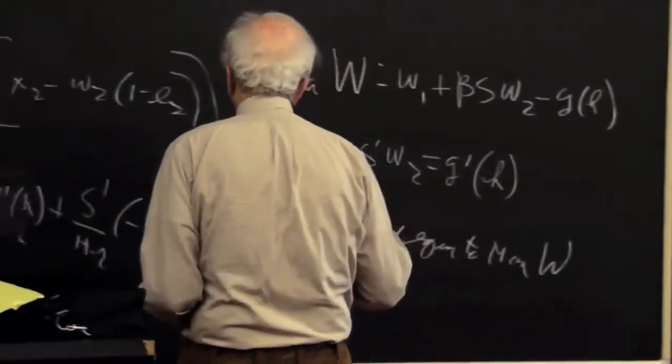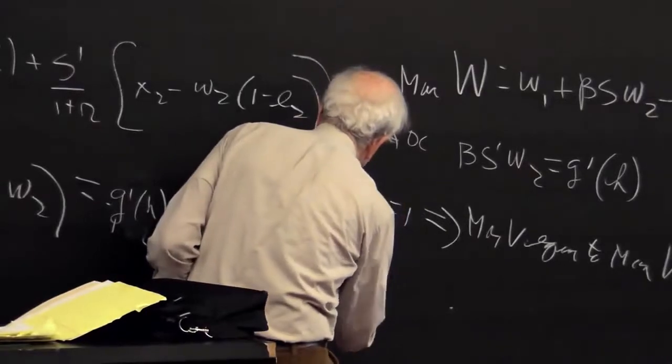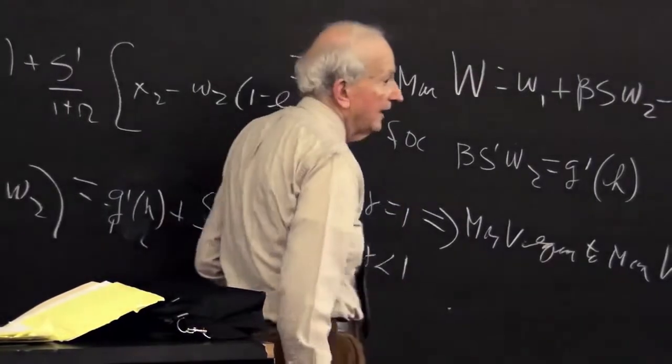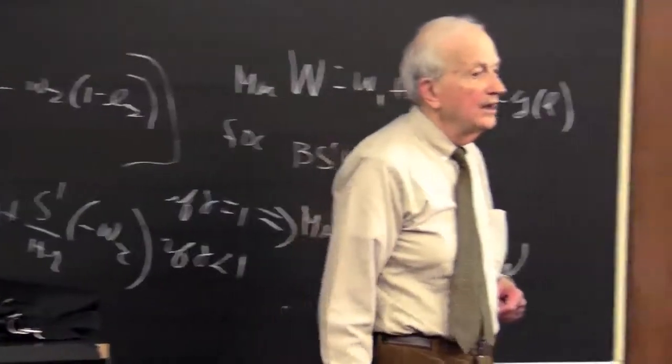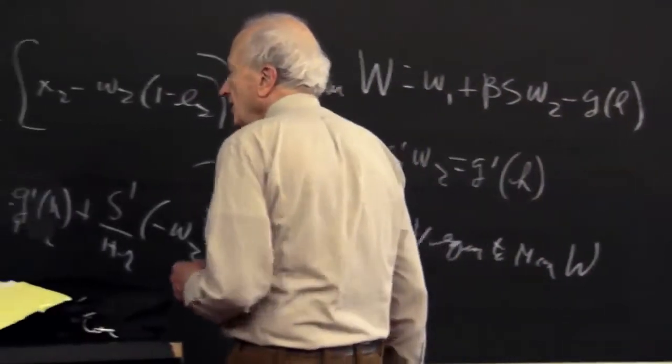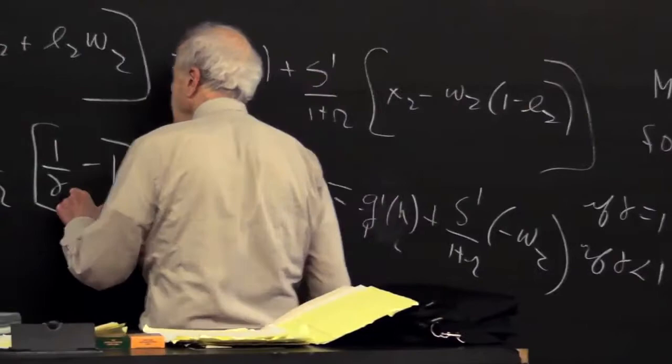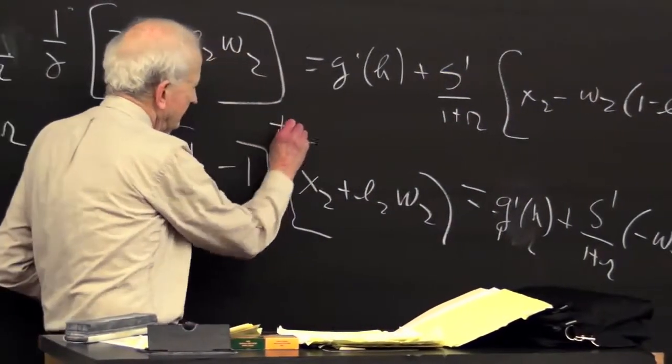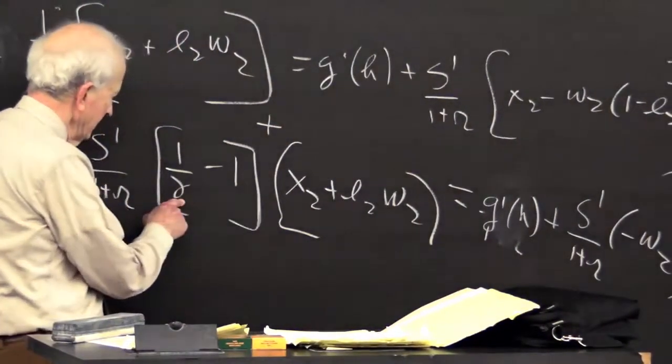But we know that's not the whole problem, because in general we assume gamma is less than 1, strict concavity. With strict concavity, what do we know? This side here is positive, because 1 over gamma is greater than 1.